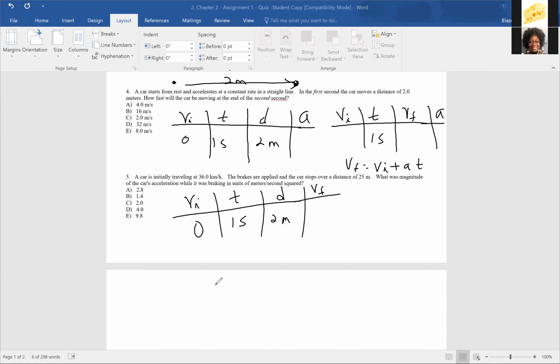So we said that we need to know the acceleration. In this first part here, we do not know the final speed. So I think someone told us to use the equation that says that the displacement, which is my distance, is 1/2 V initial plus V final times time.